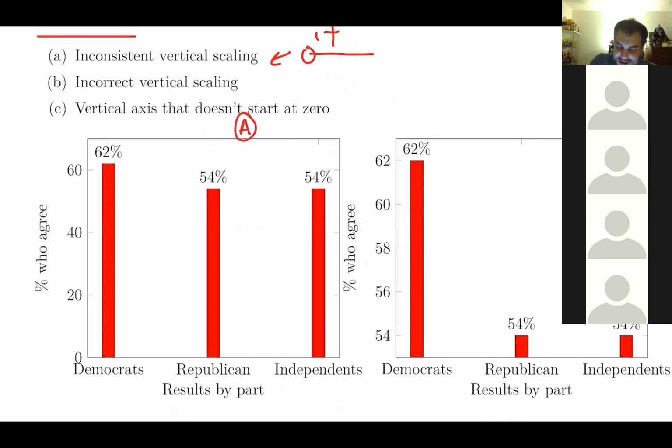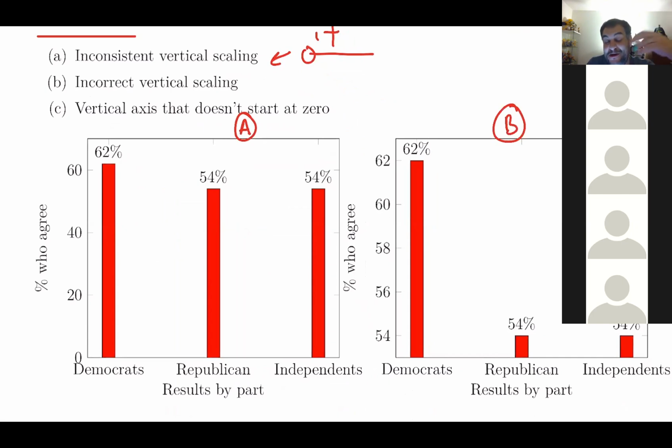Let's say this is graph A and this is graph B. Which one is showing that there's a big difference between Democrat, Republican, and Independent? All right, so far we have 2 Bs, 3 Bs, 1 A, cool.